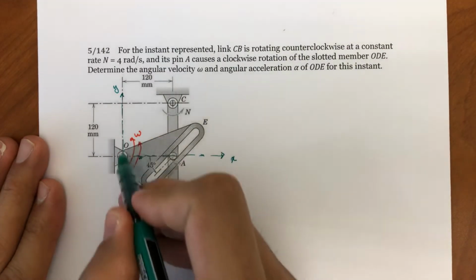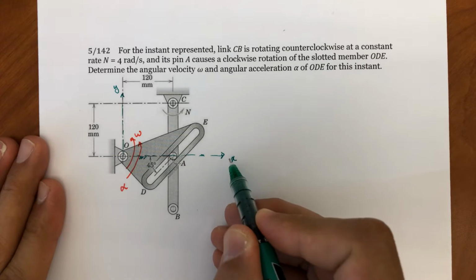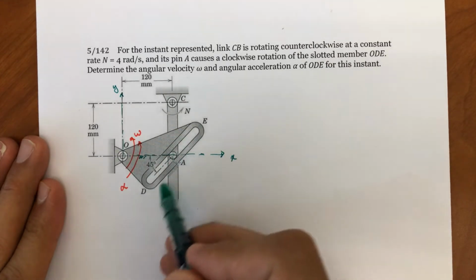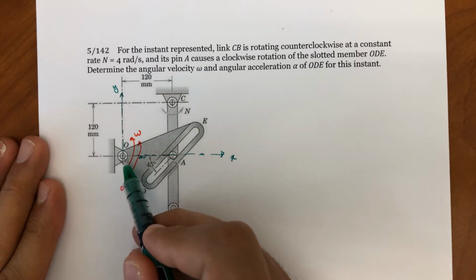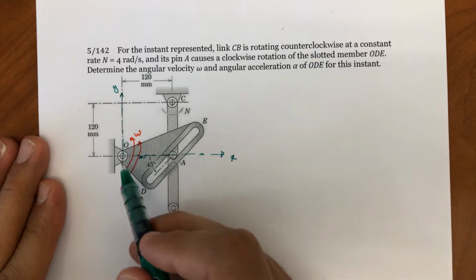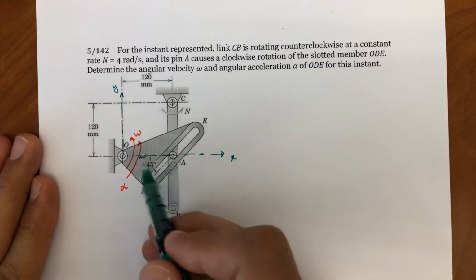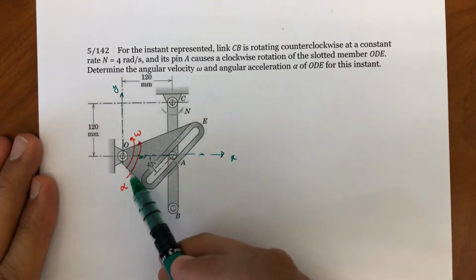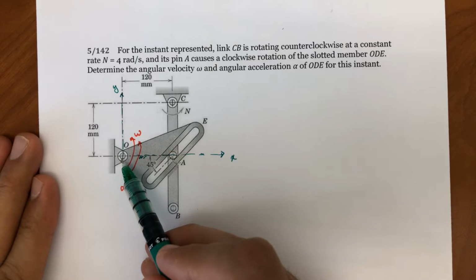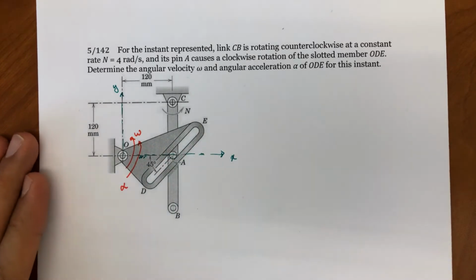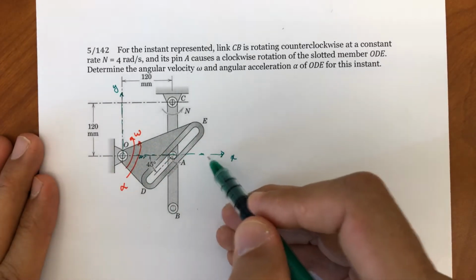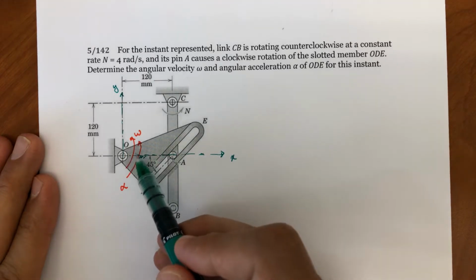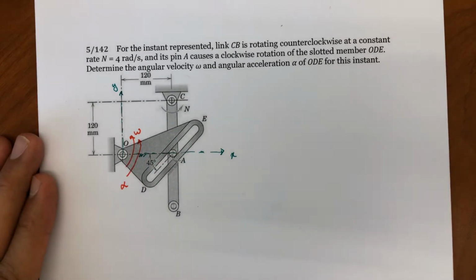At the moment they are in the horizontal and vertical directions, but a moment later they are going to rotate with this sector about point O, and they are going to be in different directions. The origin of it is O, and it rotates with this part. So if I find omega of this XY and alpha of it, it's going to be omega and alpha of this sector. They are the same thing, right?